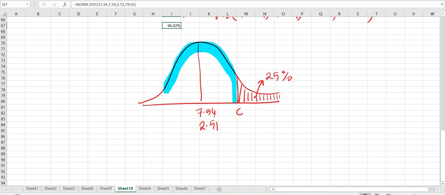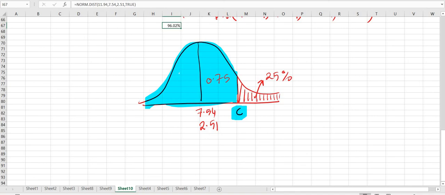So I need this area in order to figure out C using the inverse function, because that's how the inverse function works. So I can find the blue area because the entire area under the curve is 100%, or 1, minus the area to the right, which is 25%, gives me 75%, or 0.75.